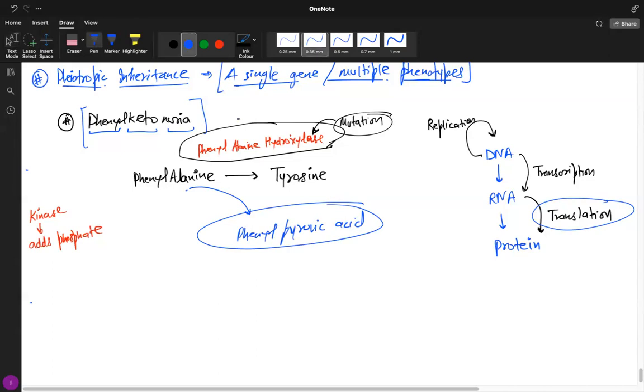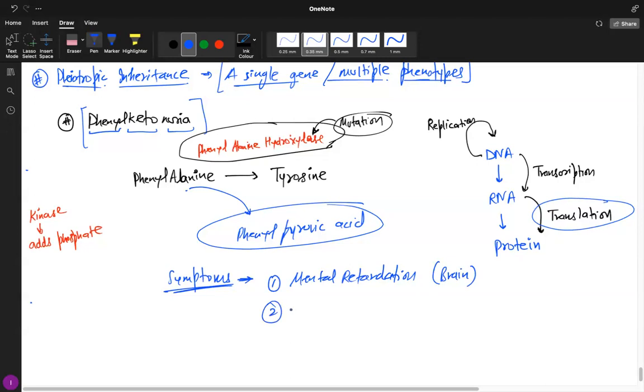So just by one single gene getting mutated, the symptoms that you see are multiple phenotypes. One is mental retardation. So kids with phenylketonuria cannot learn, they are mentally retarded, which means their brain is affected.